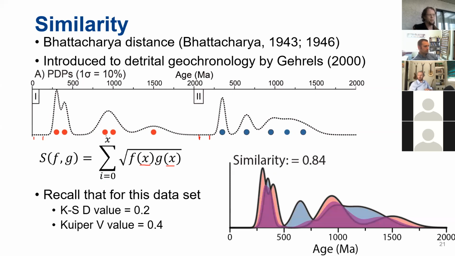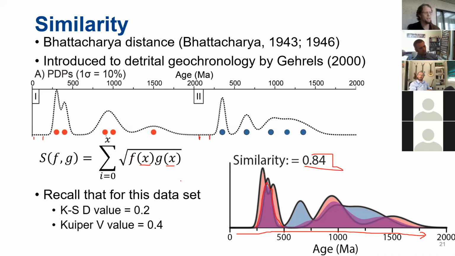What I've got down here is just these two functions, f and g, overlaid on top of each other. The purple overlay is those two multiplied together, and then we simply sum over that age interval. In this case, our similarity is 0.84.